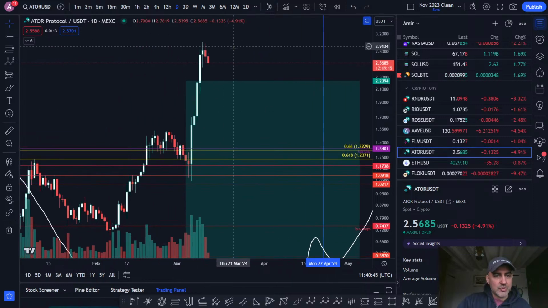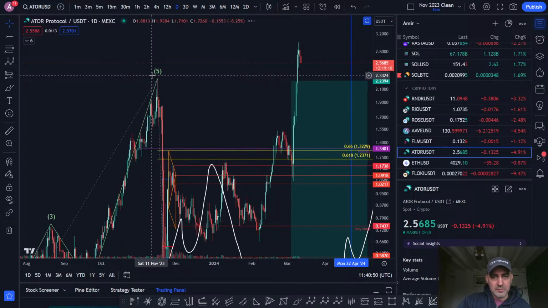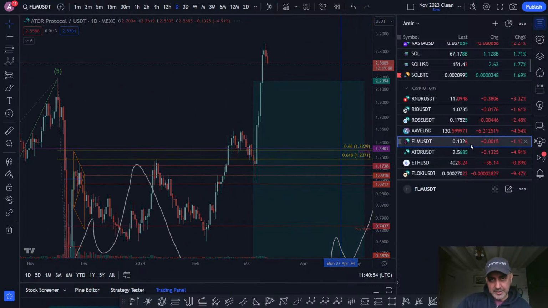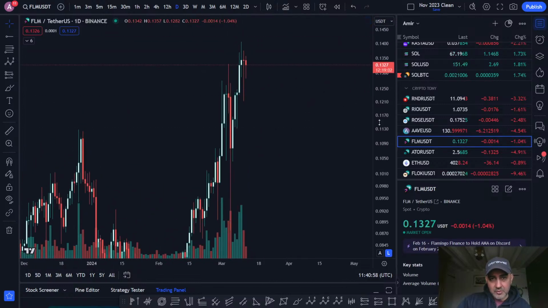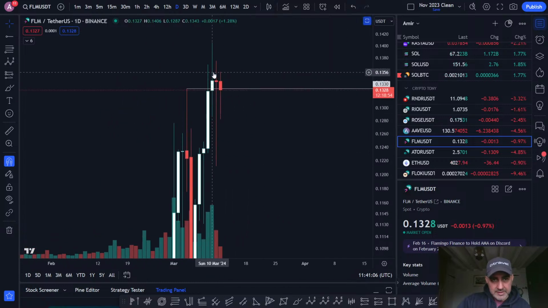This is looking like a short too, huh? Yeah, a lot of altcoins are showing a little bit of reversal in the highs. Now all of them are showing a little bit of reversal right now. See that one? See that? Back underneath that high.